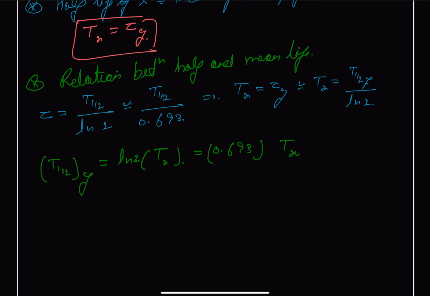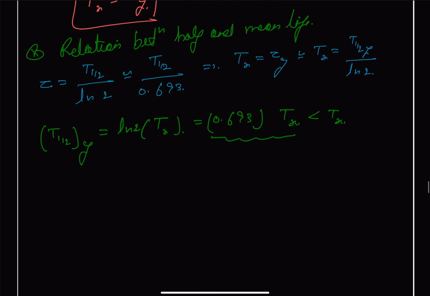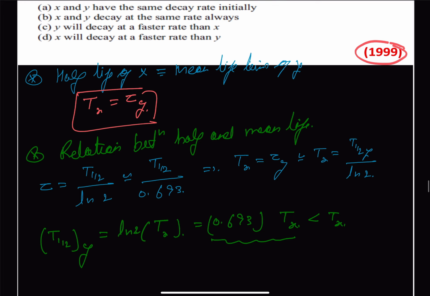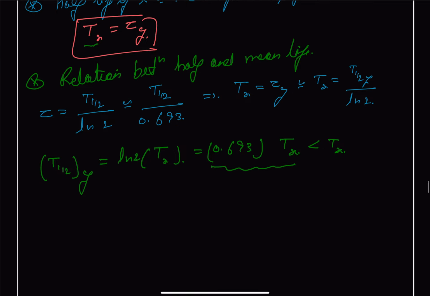Obviously this particular term is less than Tx. We have to keep in mind that in this case the half-life of x is directly taken as T of x, whereas for y we have written T half of y.